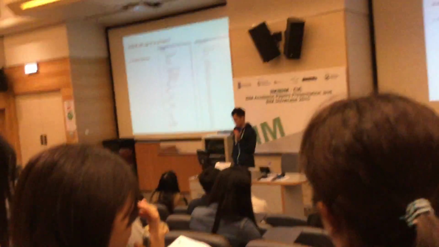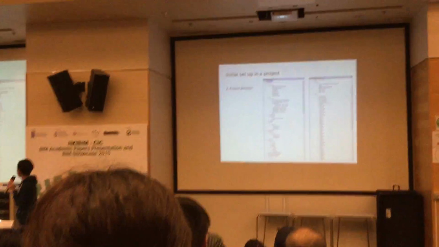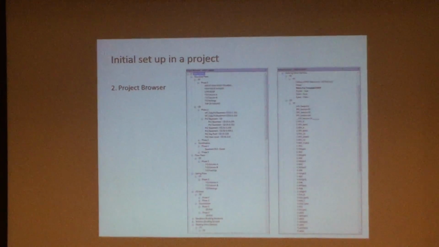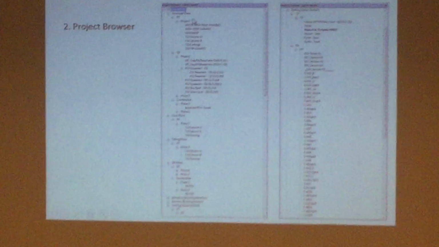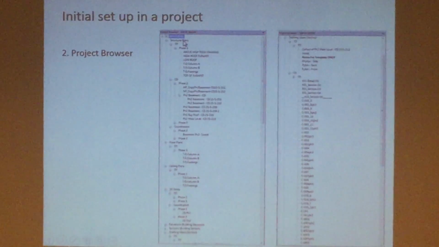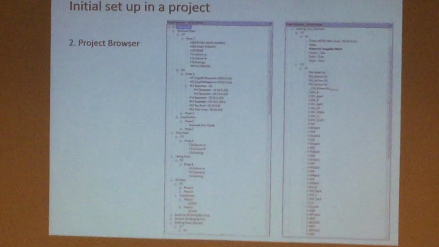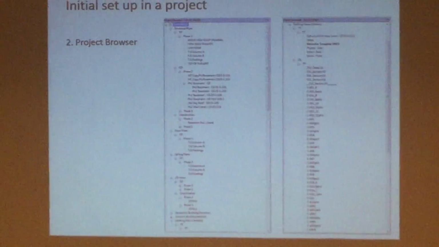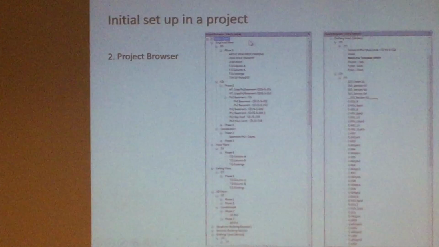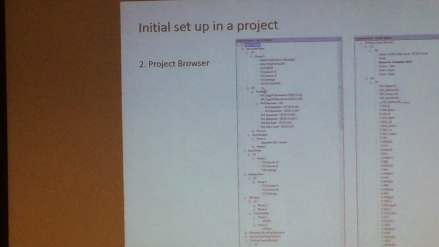Secondly, for the initial setup of your project, that would be your project browser. Here, I'm showing you an organized project browser inside the Revit environment. For example, you've got these question marks. By the way, this model wasn't initiated by my company. It was simply transferred from the team that did the scheme design. So you've got these question marks, which I don't know what they are, and then you've got phase 3, which is really confusing.